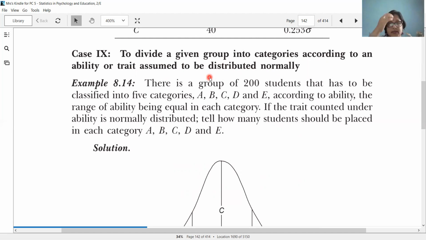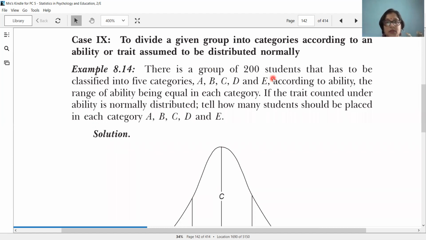Okay, so let us begin with a problem. There is a group of 200 students that has to be classified into 5 categories A, B, C, D, and E according to ability, the range of ability being equal in each category.